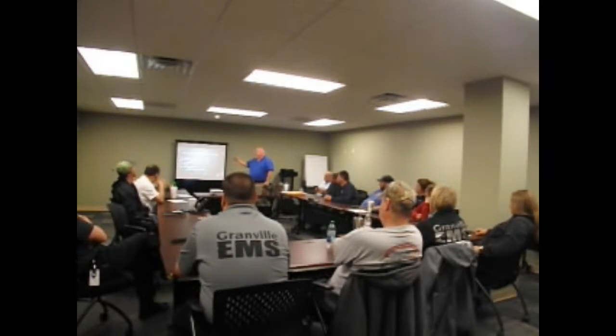But these are, like I said, the lab values that Granville regularly uses, and the abbreviations that we have up here: complete blood count, CBC, CMP, comprehensive metabolic panel, your BMPs, basic metabolic panel, and the prothrombin times, the partial thromboplastin times, the international normalized ratios.